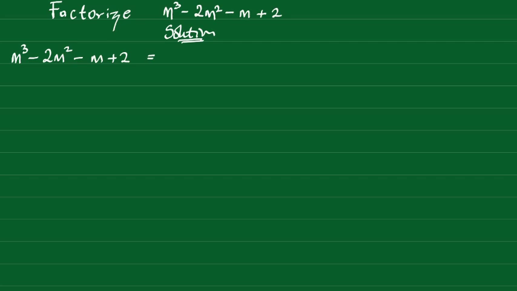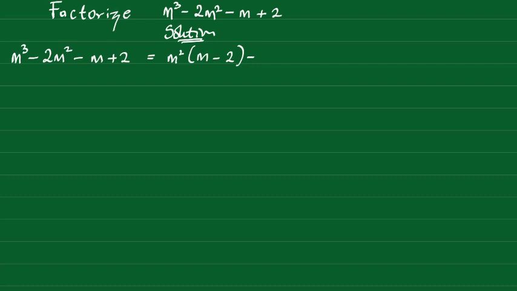So we factorize out m squared from m raised to power 3 minus 2m squared. Factorizing out m squared, we're left with bracket open, m minus 2, bracket close. Now we're left with minus m plus 2.